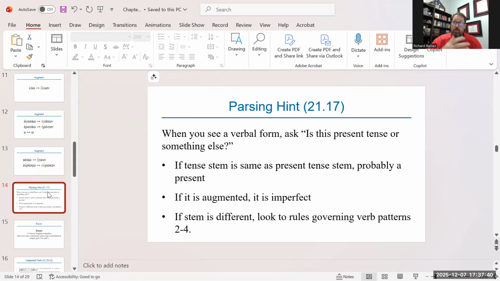And if it doesn't work, you know that you've done the wrong thing. But nine times out of 10, it's going to be a present stem and a present translation. If you see an augment, then you know it's imperfect. And if it's one of those words where the stem is changed, like some of the forms of lu, then you just look to those rules in chapter 20 to help you make your translation.